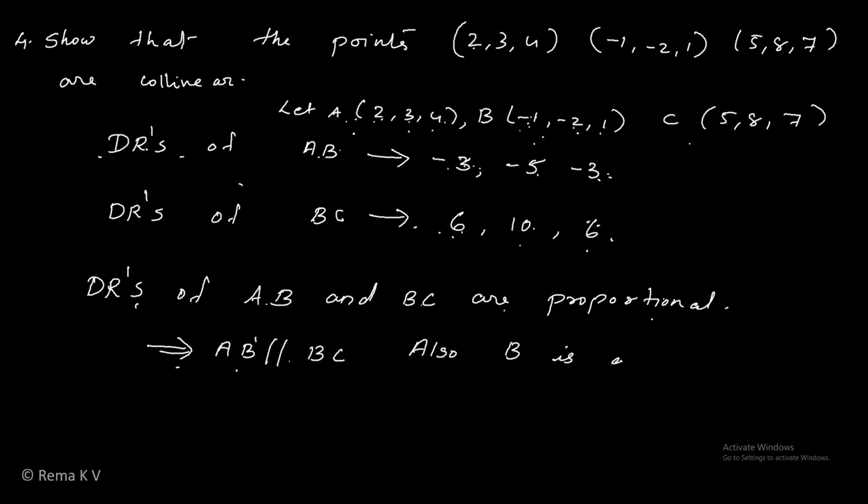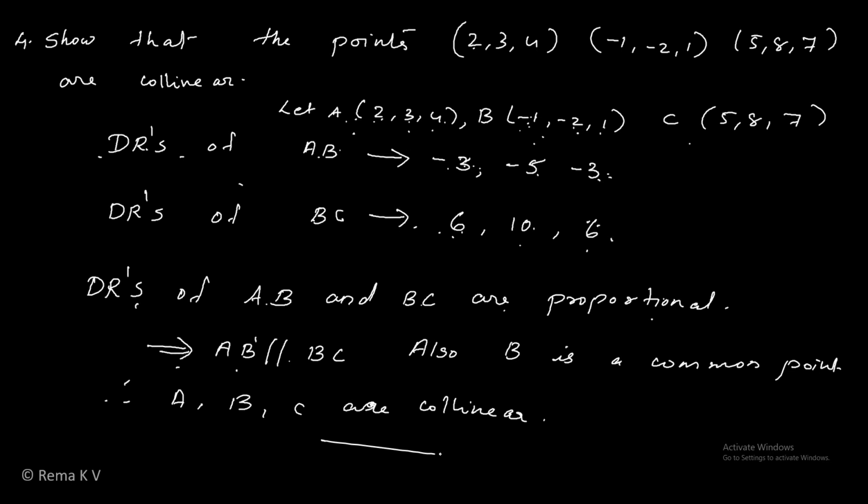B is a common point. B is a common point. So A, B and C are collinear. This is another method of proving collinearity of 3 points.